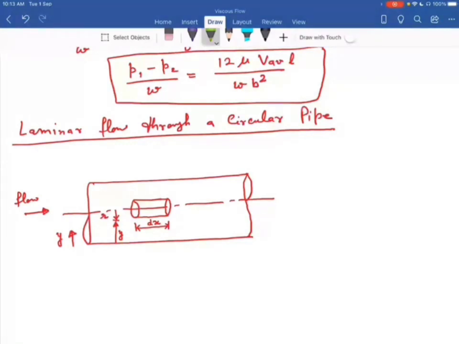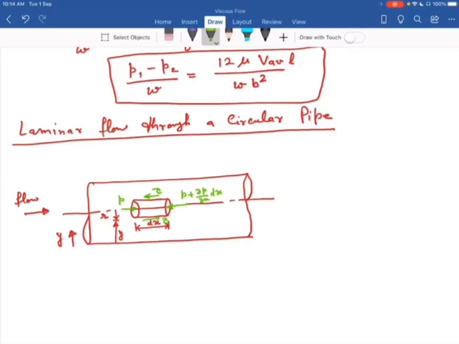Say here the pressure intensity is P. On this face the pressure intensity varies along the x-axis, so P plus ∂P/∂x dx. And along the surface of this pipe we have the shear stress, that is tau. With the help of these two you can find the net pressure force acting on this element, as well as the resistance force acting on this element.